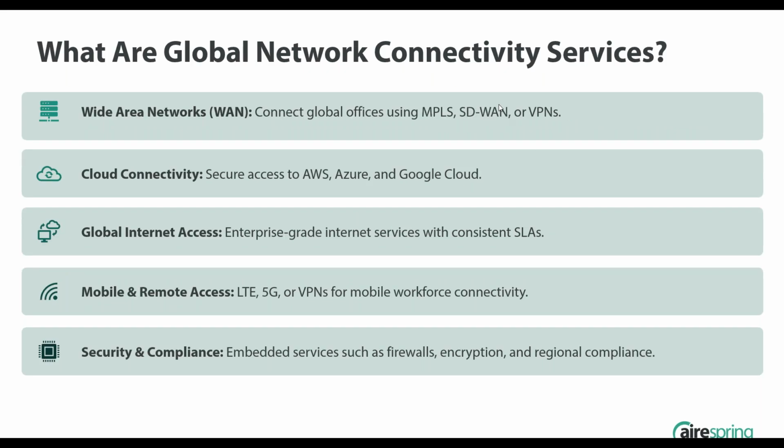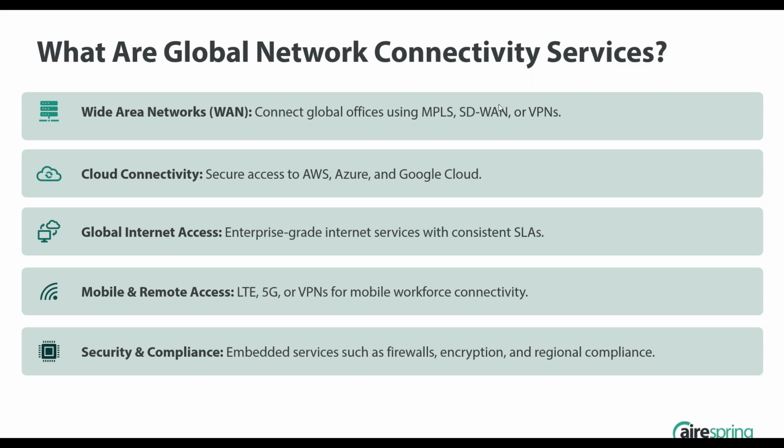So let's unpack what global network connectivity services really is. It's really how businesses connect everything together globally. As I mentioned, widespread offices, cloud environments, people that are remote workers possibly, and devices.